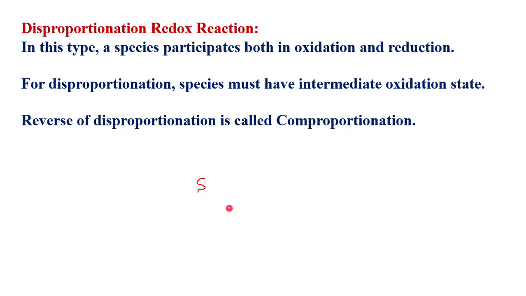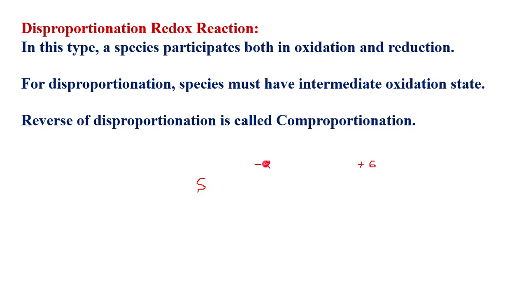Sulfur, when you consider sulfur can show minimum oxidation state of -2, maximum it can show +6. If it loses all 6 electrons, it will become stable, or if it gains 2 electrons, then also it will become stable.